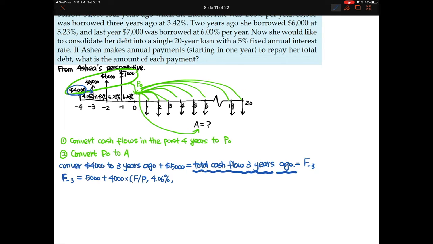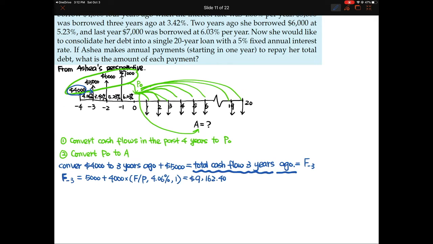Number of compounding period is only 1. So that is 9,162.40. Okay, so now you convert the 4,000 to the 3 years ago, and then you add up the 5,000 already happened at 3 years ago. That's the total cash flow happened at 3 years ago.